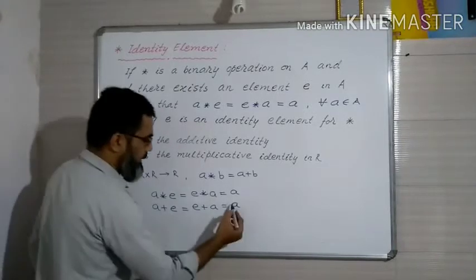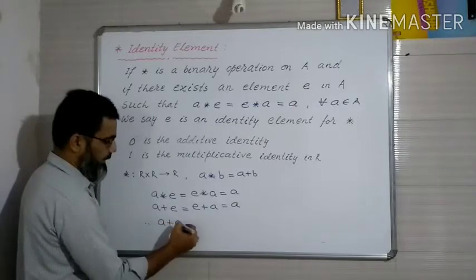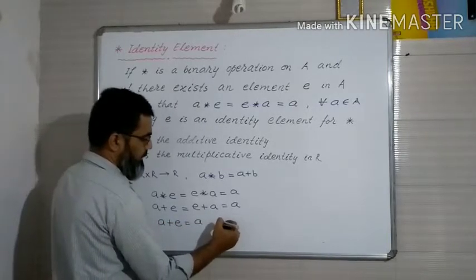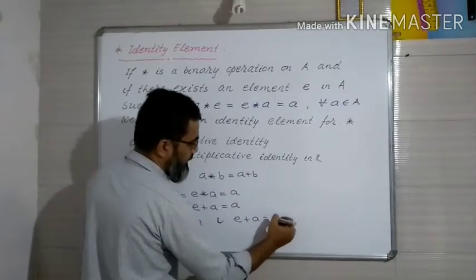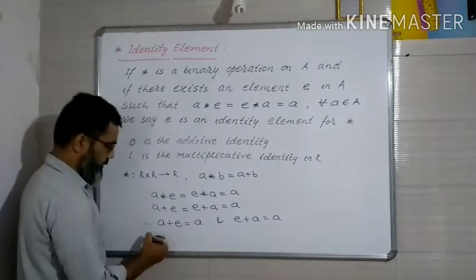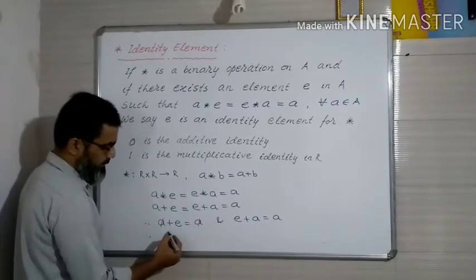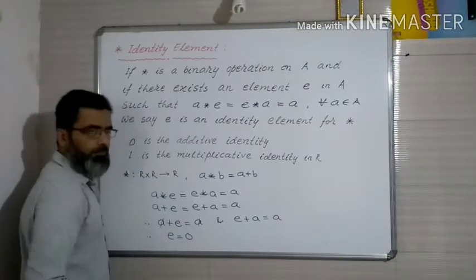Now I separate this equation like this. A plus e is equal to A and e plus A is equal to A. Therefore, now I will cancel out A, then I will get e equal to 0.